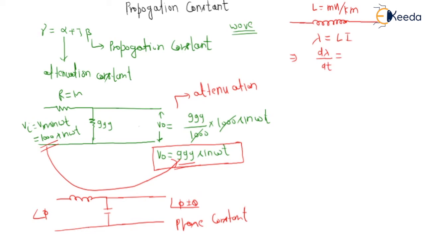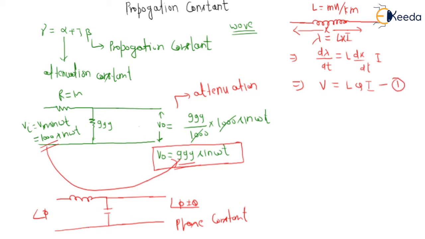So this will be L millihenry per kilometer. Let us assume this distance is x, so this will be Lx into I. So L into dx by dt into I. What we can see here is that d lambda by dt is equal to V, voltage. We know that dx by dt is velocity v, and I is current. So this is equation number 1.